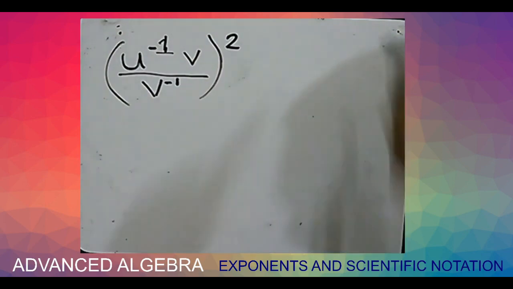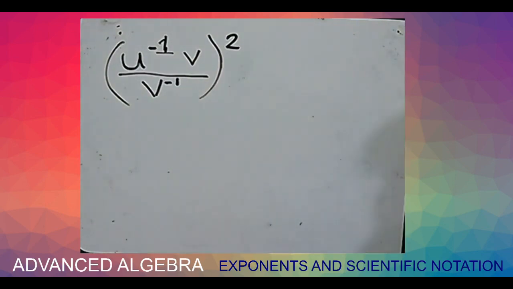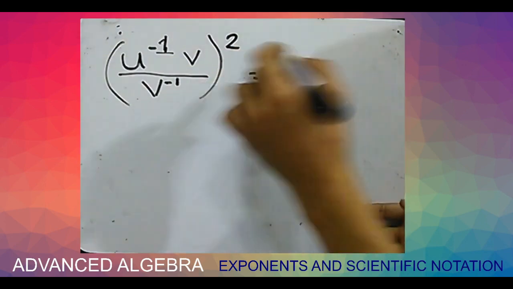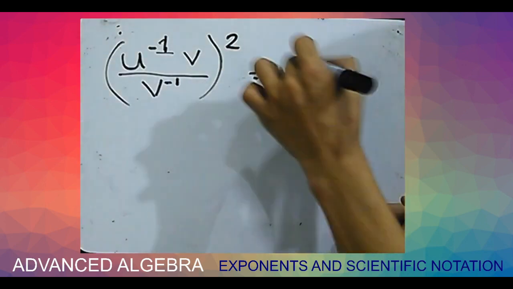Sa halip na magiging 1 over b to the first power siya, nasa taas siya, so b to the first power over 1. Okay? Ganun lang yung concept niya. Babaliktad lang siya ng pwesto. So, matitira dito ay b.